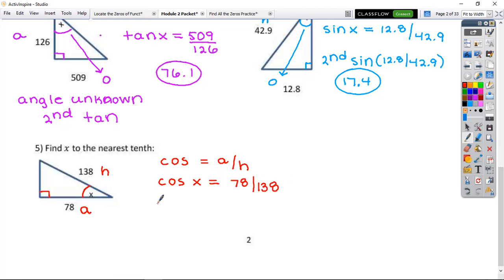And again, right in your calculator, you're going to type in second cosine of 78 over 138. Okay, so second cos of 78 over 138 is equal to 55.6.